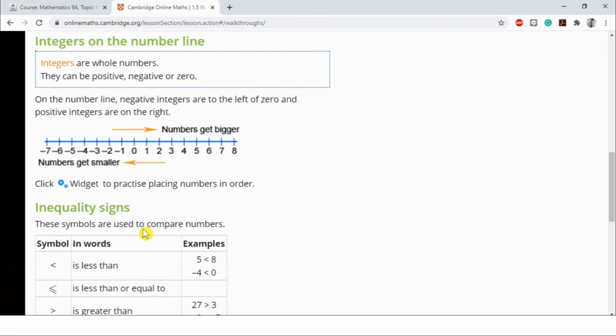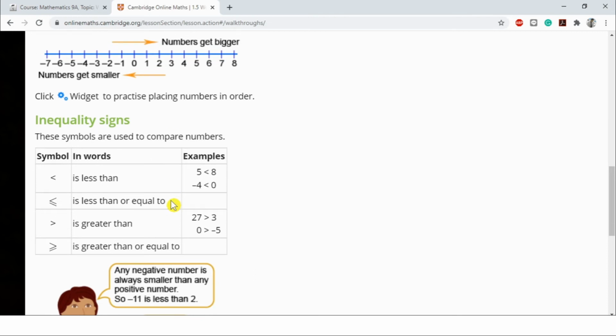Since we have these two different kinds, positive and negative, we have a comparison here, right? That's why, in order to compare, we need the inequality signs. The symbol, the words, and an example are explained here. If the symbol is less than, for example, 5 is less than 8, in other words 5 is smaller than 8.